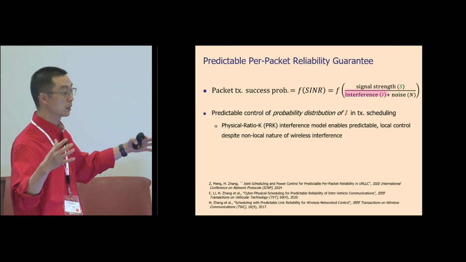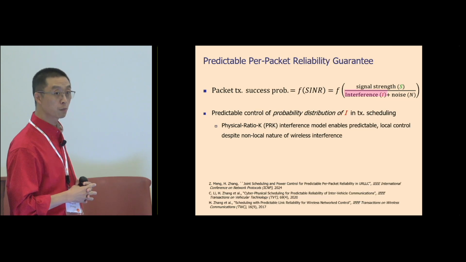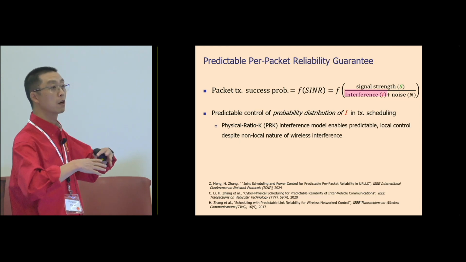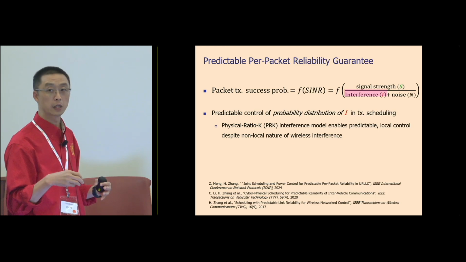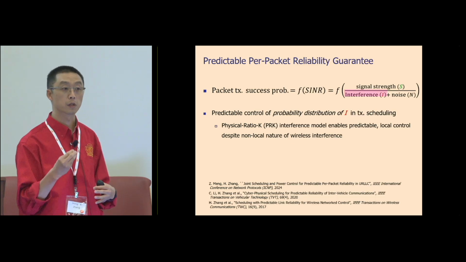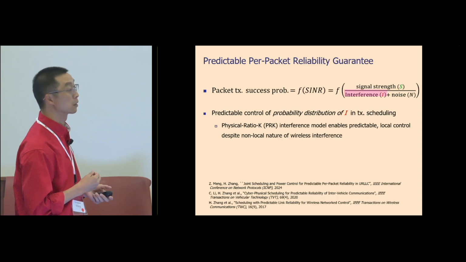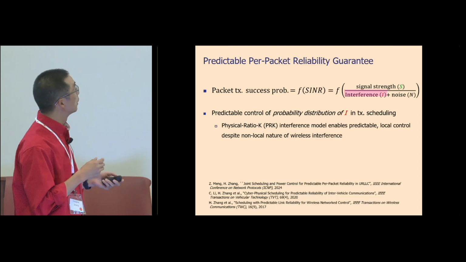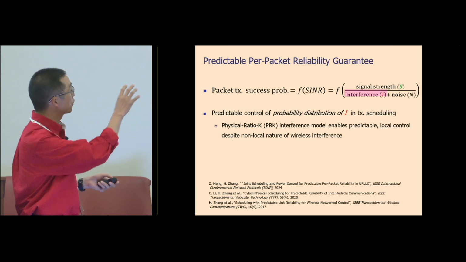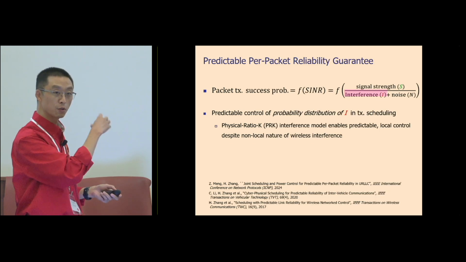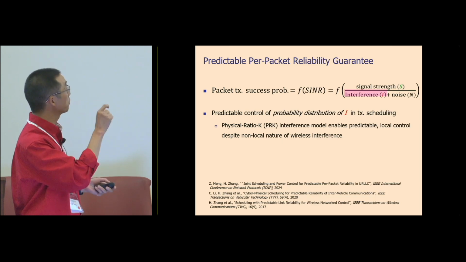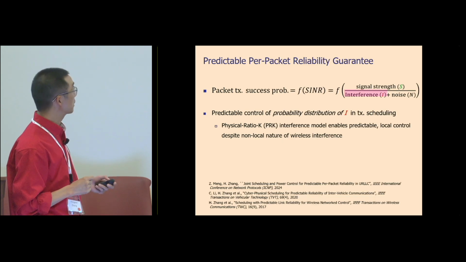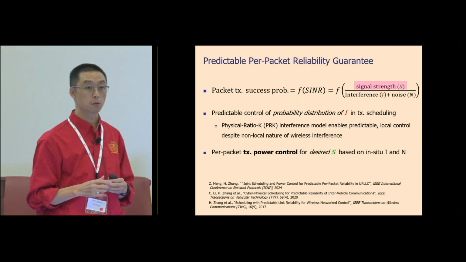This remains a challenging problem, because in large-scale networks, interference is highly non-local. How can you enable predictable control of the receiver-side distribution? There are some approaches that have been studied and look very promising, which folks interested can check out. But assuming that you can do that, the next step would be to control the transmission power.